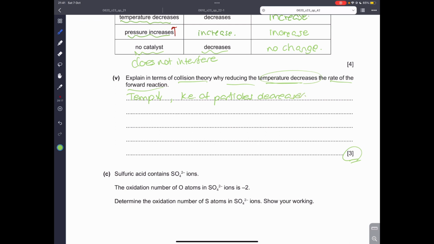If the kinetic energy of particles decreases, the frequency of collisions between particles will also decrease.